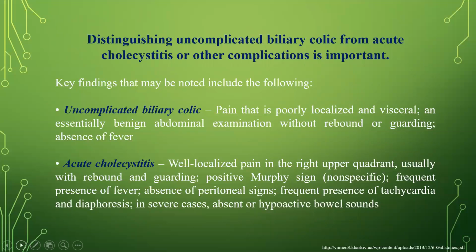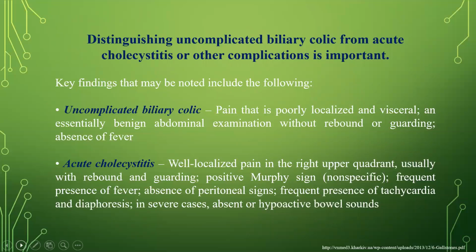In case of acute cholecystitis or some complications of chronic cholecystitis, well-localized pain can usually be observed in the right upper quadrant, with rebound and guarding of the abdominal wall. Positive Murphy sign, which is non-specific, and frequent presence of fever.